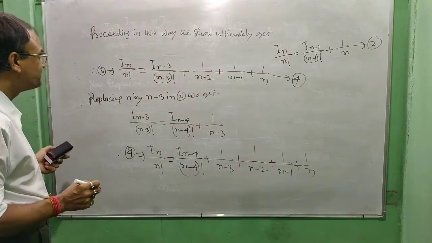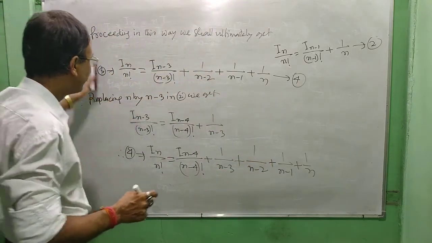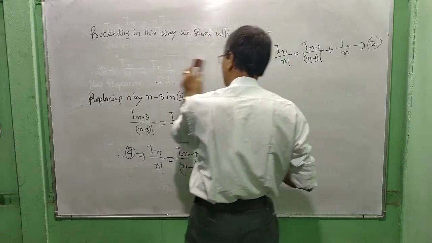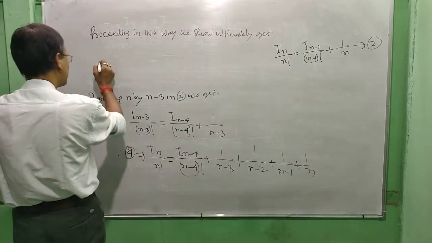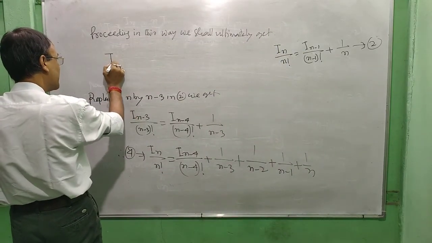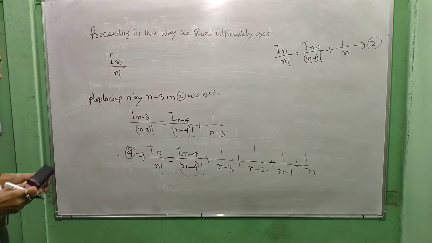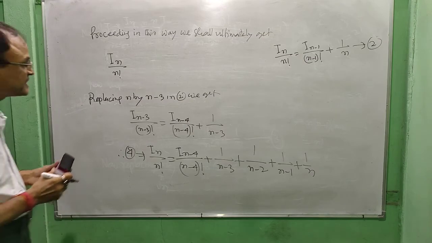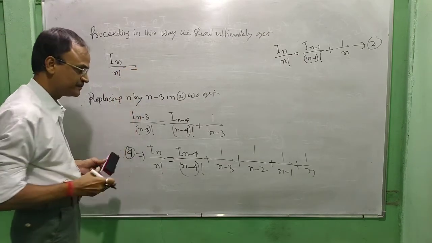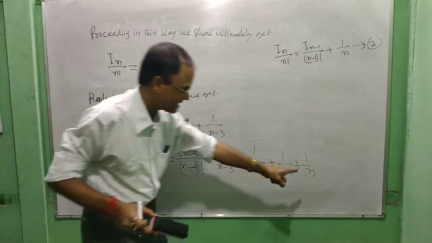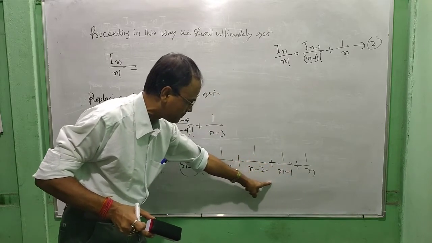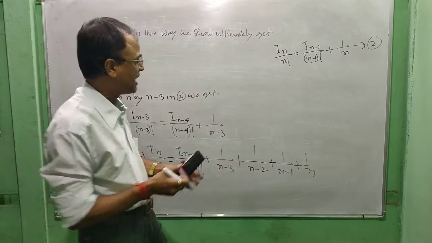What we will get? Left hand side is I_n by factorial n. There is no change in the left hand side. This is equal to, in all cases, you see 1 by n, 1 by n minus 1, these terms are all common.